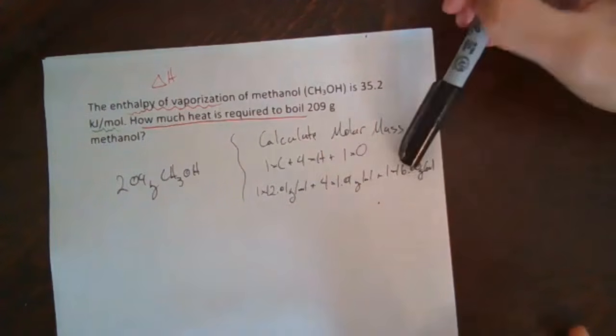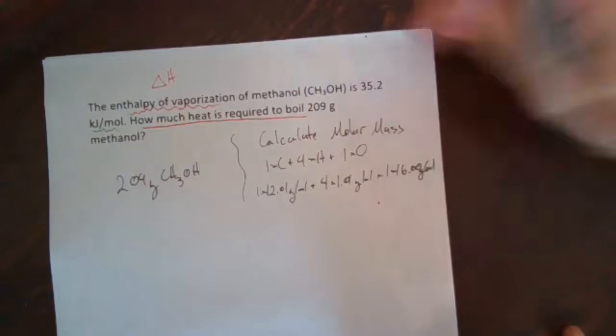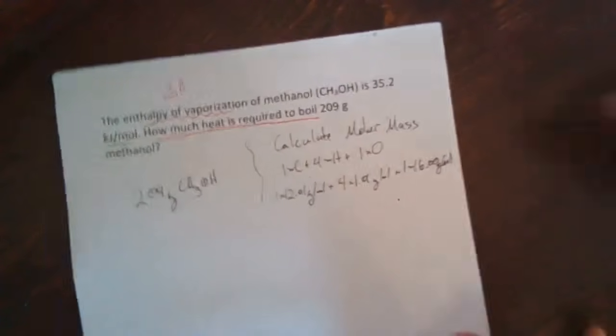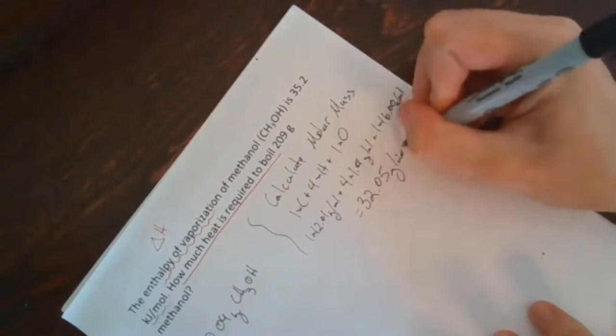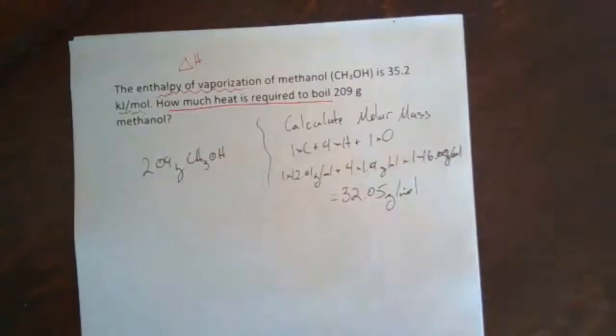I use at least 2 digits after the decimal point. It does not matter; I think it's just a little bit easier, a little bit cleaner. These come together to give me 32.05 grams per mole. So that's the molar mass of my entire molecule, CH3OH, methanol.